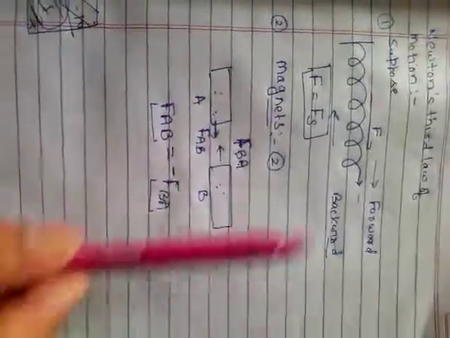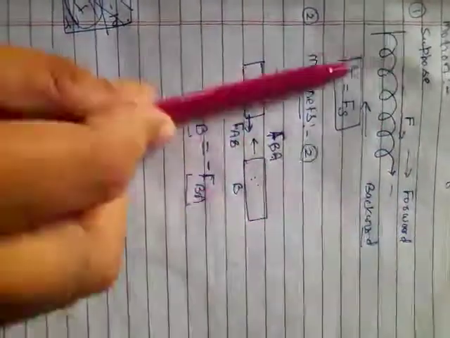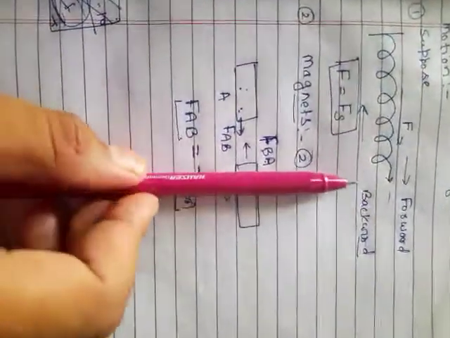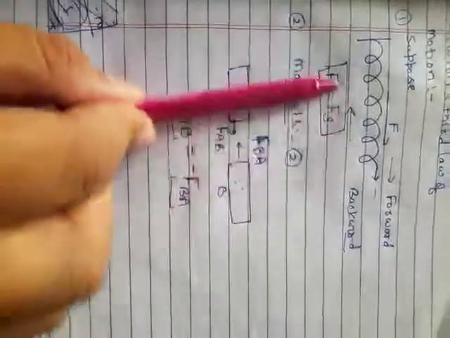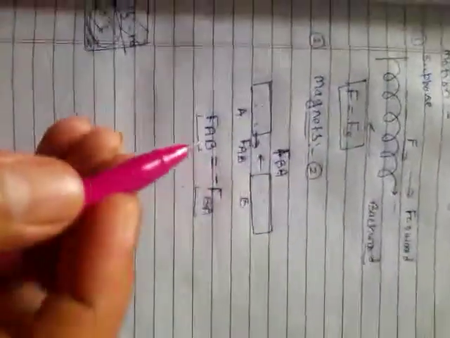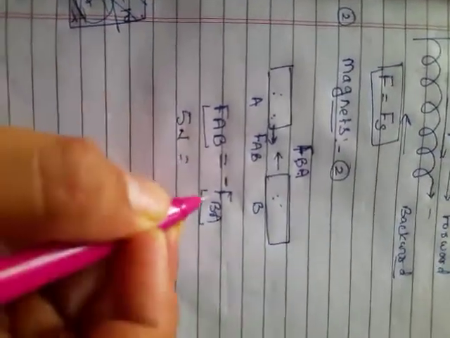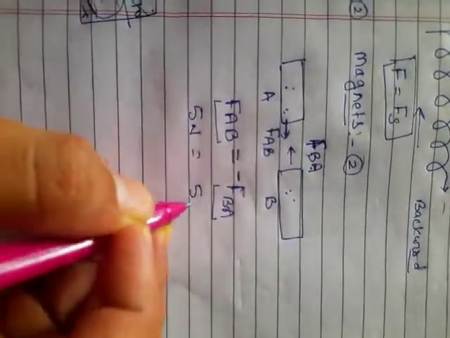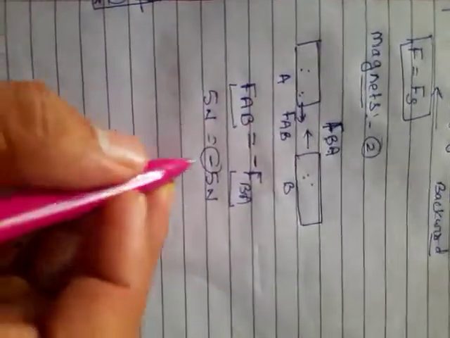We can say this force direction is on this side, and this magnet's force direction is on this side. Means both are opposite to each other under the concept of force. Clear? If this force is 5 Newton, this force will also be 5 Newton, but we are putting a negative sign here.